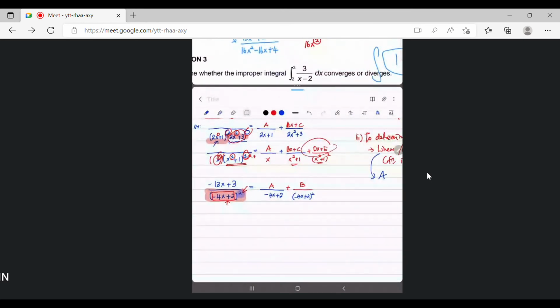So the next one. Lepas kita dah tentukan dia punya PFD, we just need to identify our constant A and B. Dekat sini ramai yang salah sebab korang terus cross multiply. Cross multiply dia akan betul kalau dia bukan repeated.